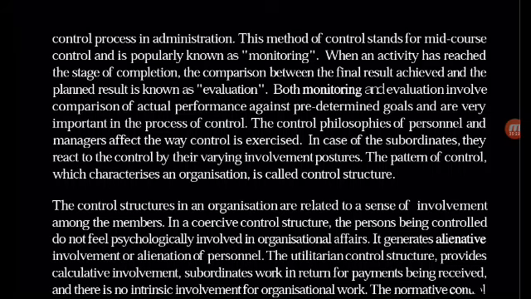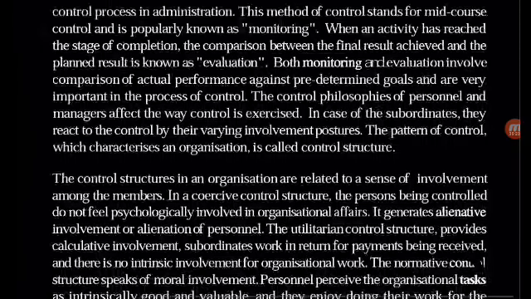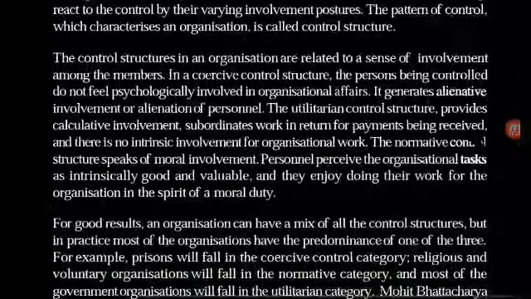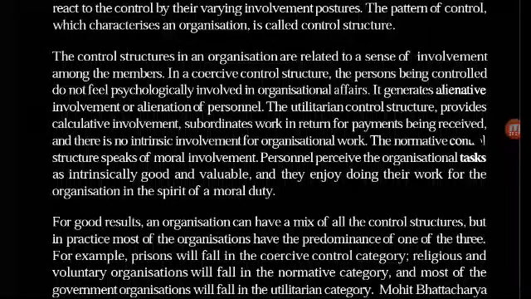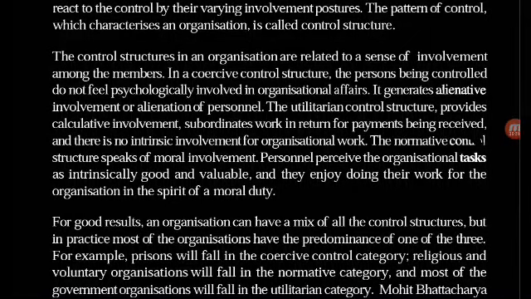The pattern of control which characterizes an organization is called control structure. The control structures in an organization are related to a sense of involvement among the members. In a coercive control structure, the persons being controlled do not feel psychologically involved in organizational affairs.